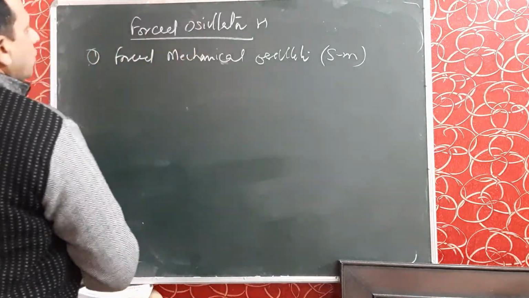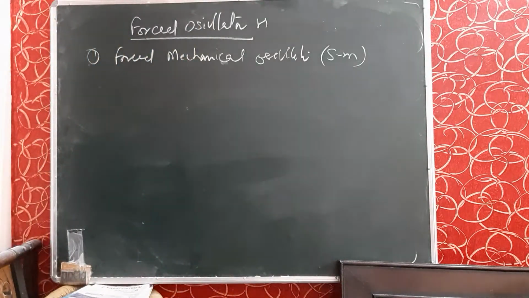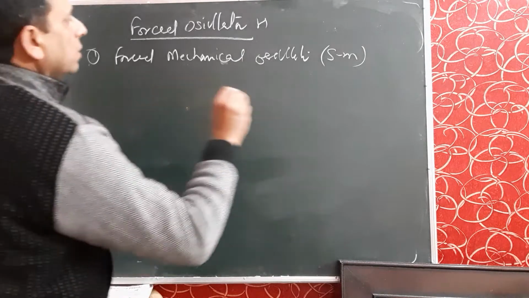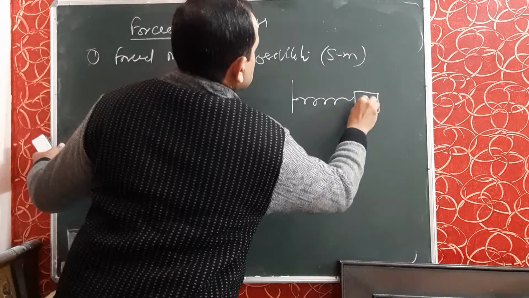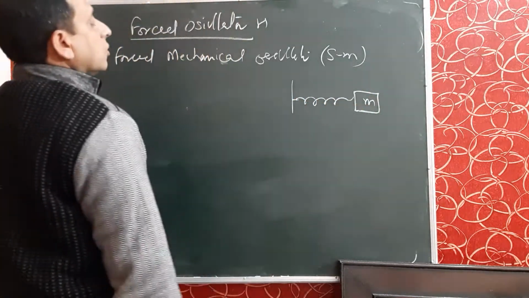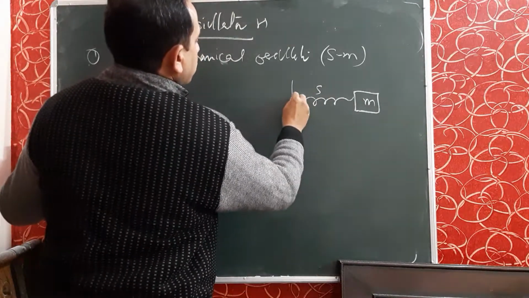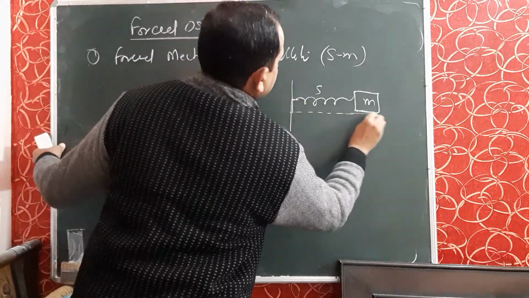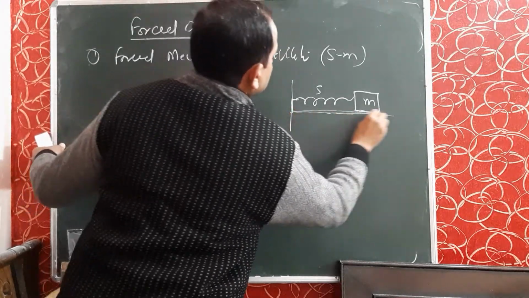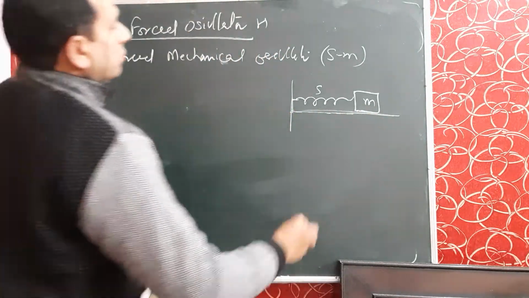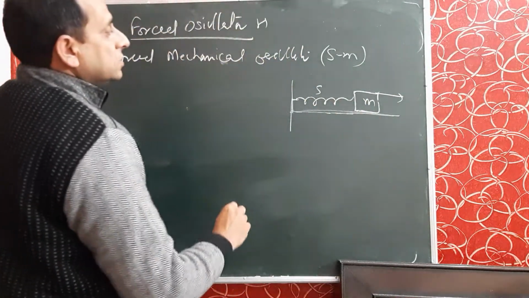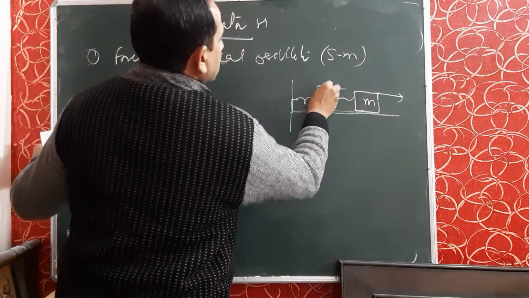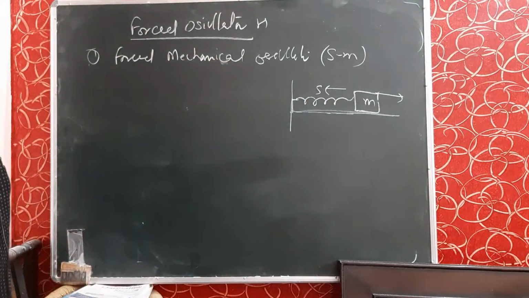So, first of all, I will discuss forced mechanical oscillator. It is nothing simple. A spring is attached with mass, or mass is attached with spring, that is SM problem. Both are lying here on the table. So, when we apply force on it, this is deforming force, and in the spring there will be a restoring force.